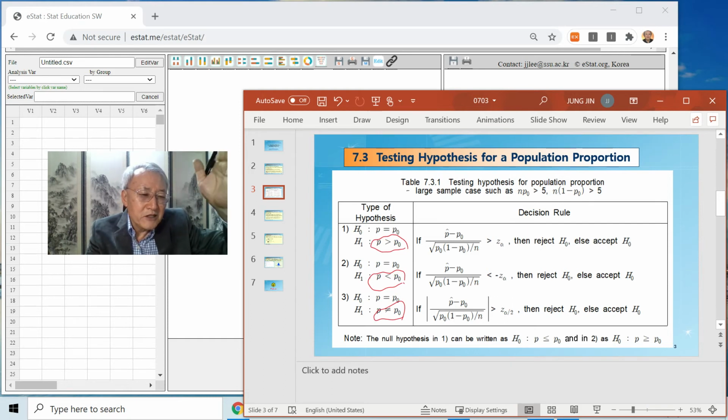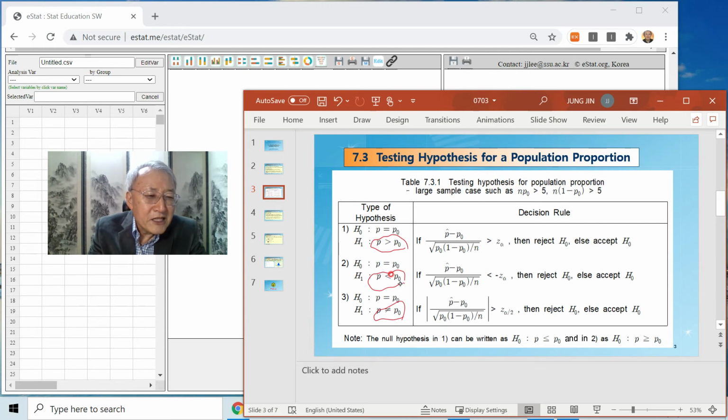If it is a right tail, I mean, if the sample proportion is far at the right corner, if the standardized P hat is greater than z alpha, and alpha equals 5%, it is 1.645, we'll reject.